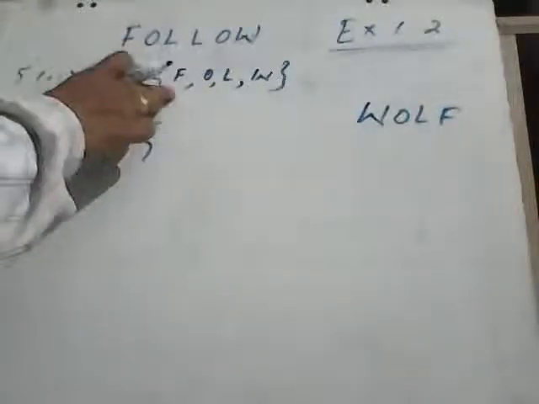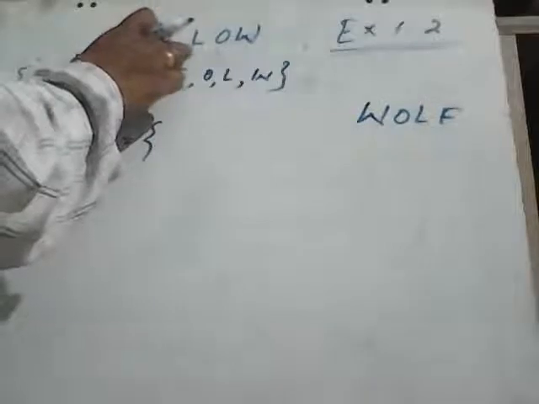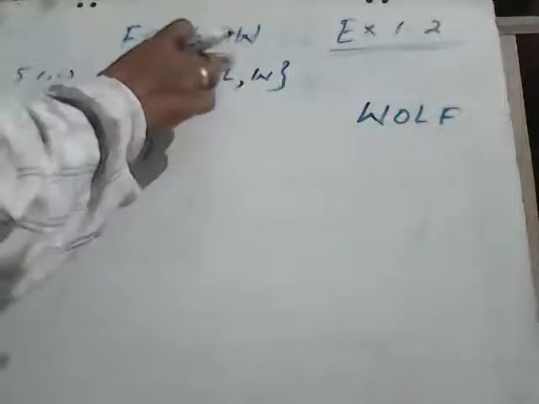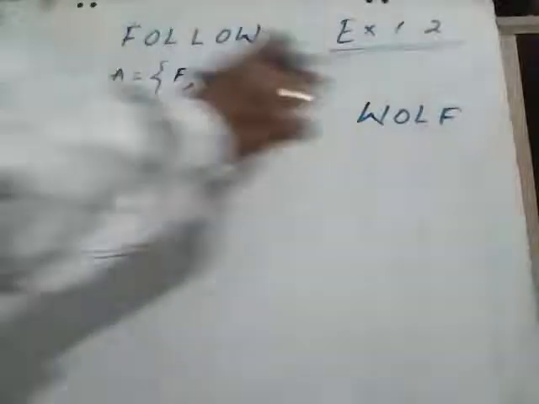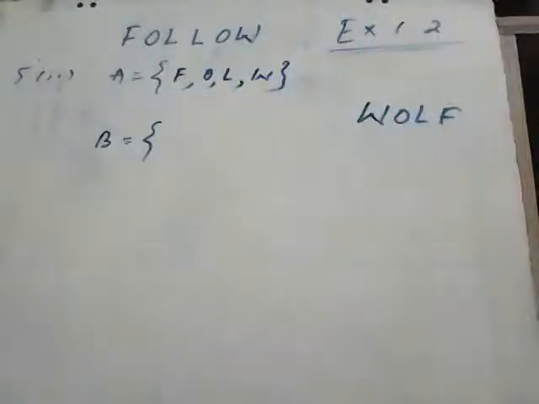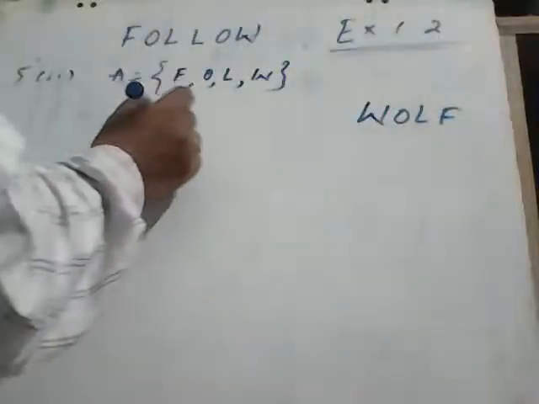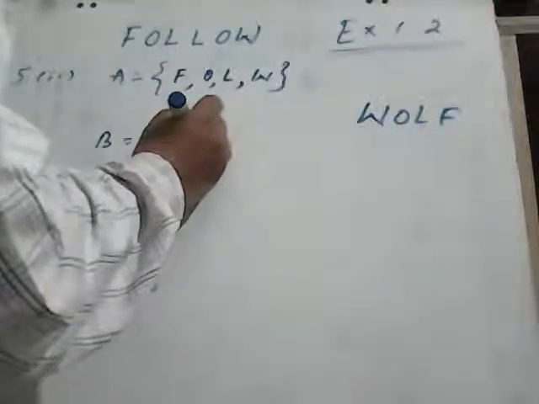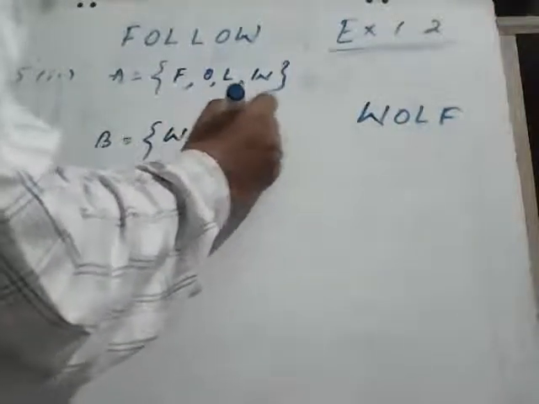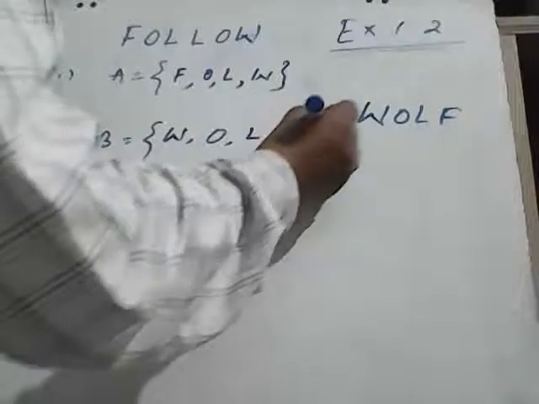F written, then O written, L written. Don't write it twice. O is repeated, not required to write, already O written here. Then W. From this word, WOLF, we can write W, then O, then L, then F.